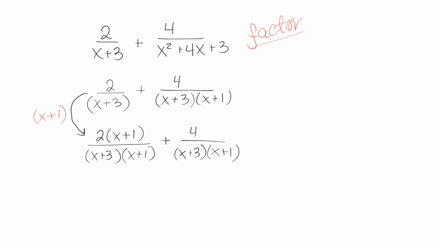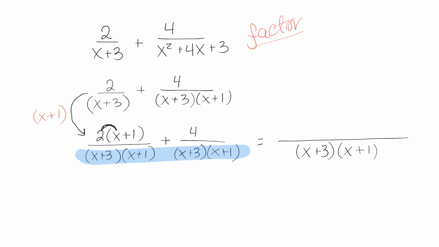So now that the whole denominator is the same, we can combine this into one giant addition problem. So we're going to have one giant rational expression with x plus 3 and x plus 1 in the denominator.